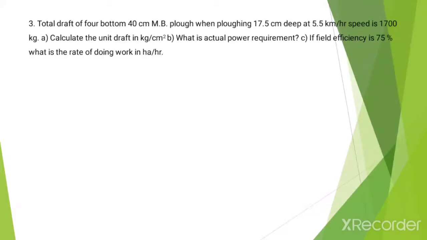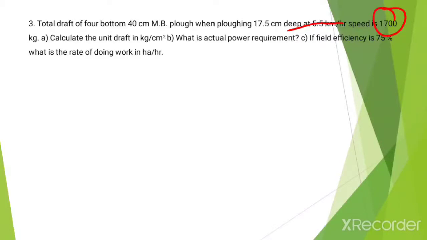Now the third and last example: total draft of a 4-bottom 40 centimeter MB plow, when plowing depth is 17.5 centimeter deep at 5.5 kilometer per hour speed, is 1700 kg. So total draft is 1700 kg. Now let's see the requirements we have to calculate in this example.